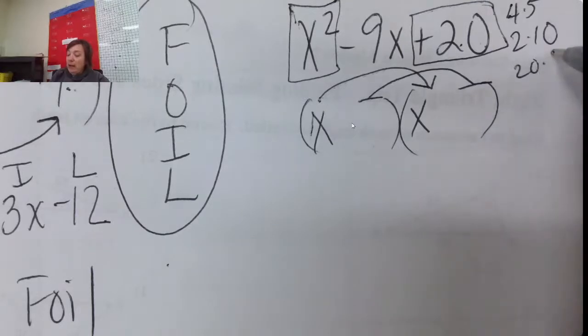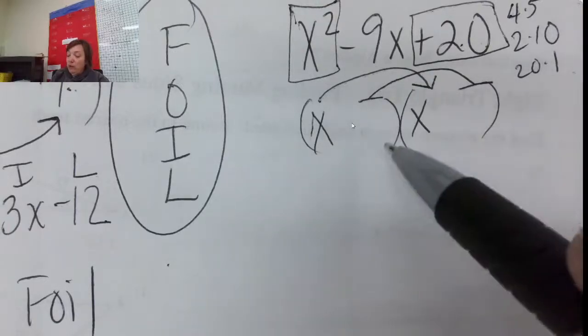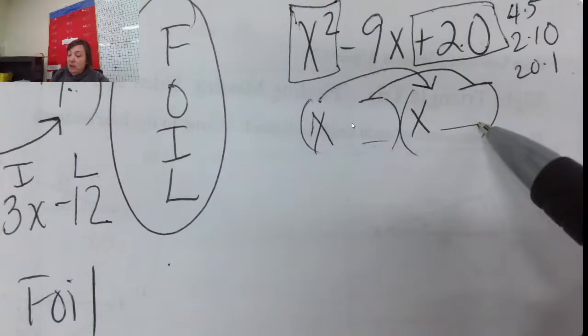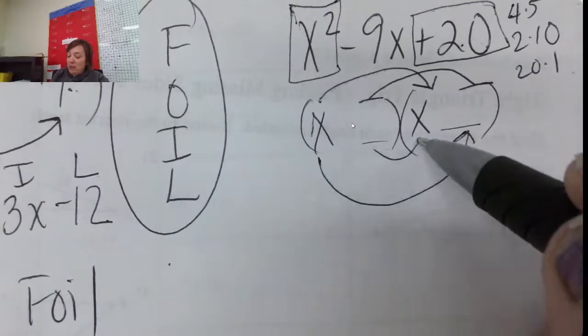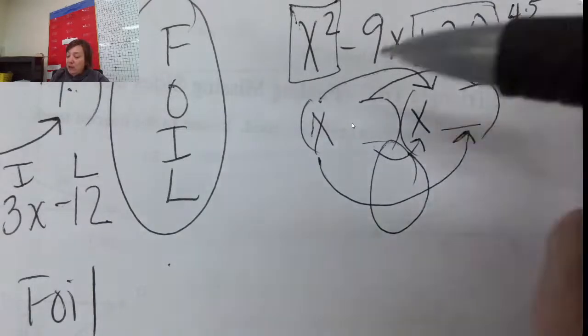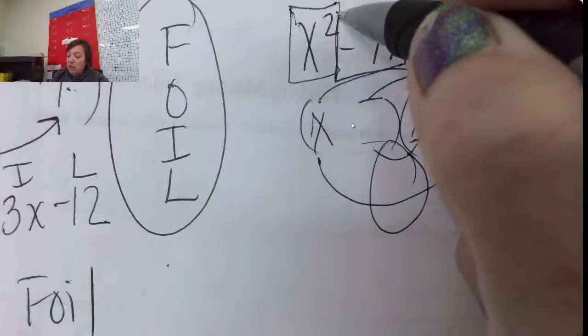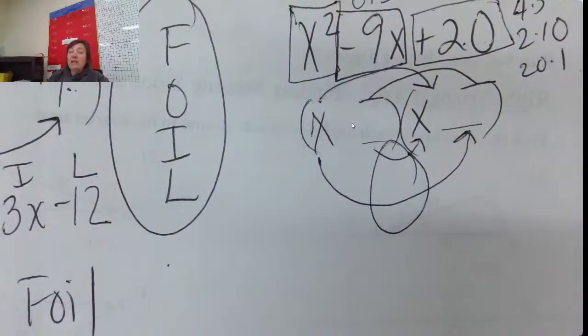So these are my options, right? And we don't just randomly pick it. We have to pick numbers that, when we put them here, and then we multiply this, and we multiply this, and we add those two things together, we get this number from the middle, because this is your outer plus your inner, right? So it is going to be 4 and 5.